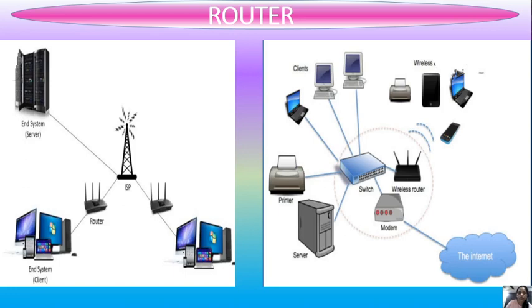Here the router is used to communicate between the internet and the devices, and on the right side you can see a wireless router in between the devices, connecting the devices. So you can see in these two images how the router is working with the devices.